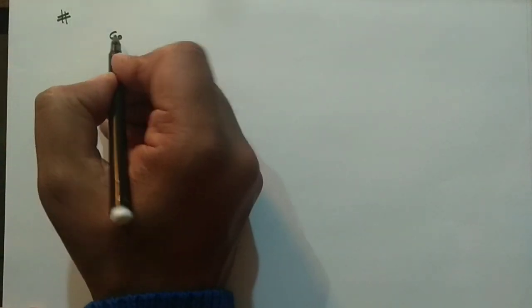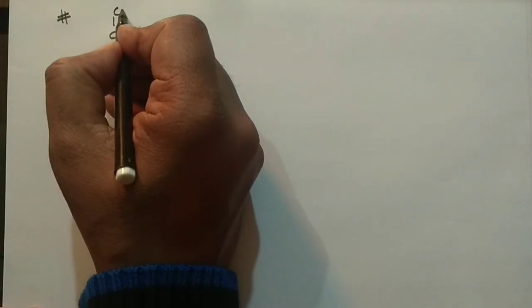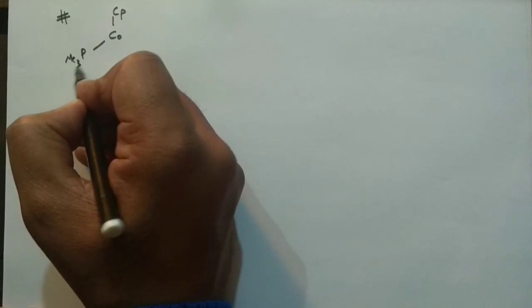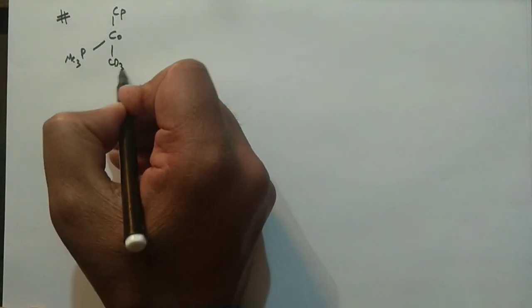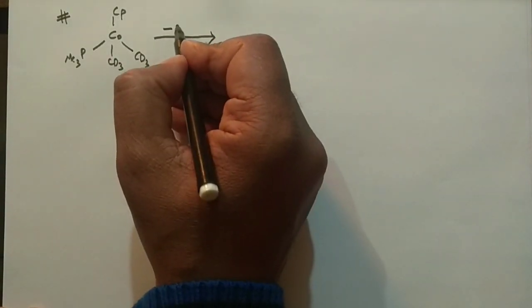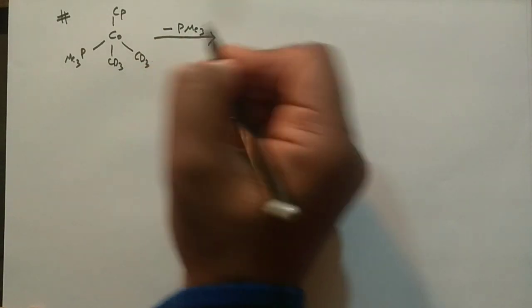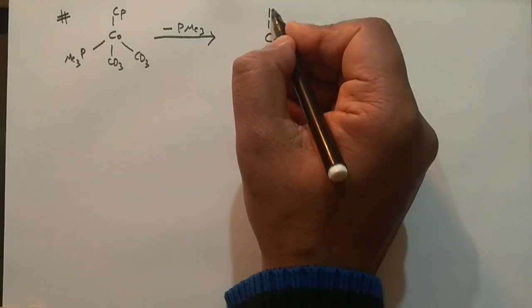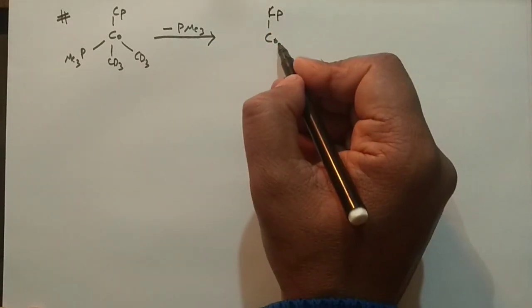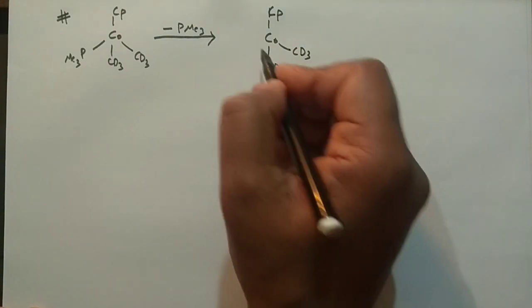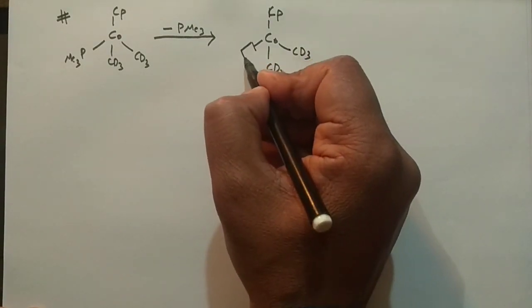Say you have this cobalt, Cp is over there, and you can write PMe3, this is CD3, and this is another CD3. So in the first step dissociation would occur and your PMe3 would be released from here, and when the PMe3 is released, you will have the Cp over there, and of course your CD3 and your another CD3, and of course this is your vacant site.